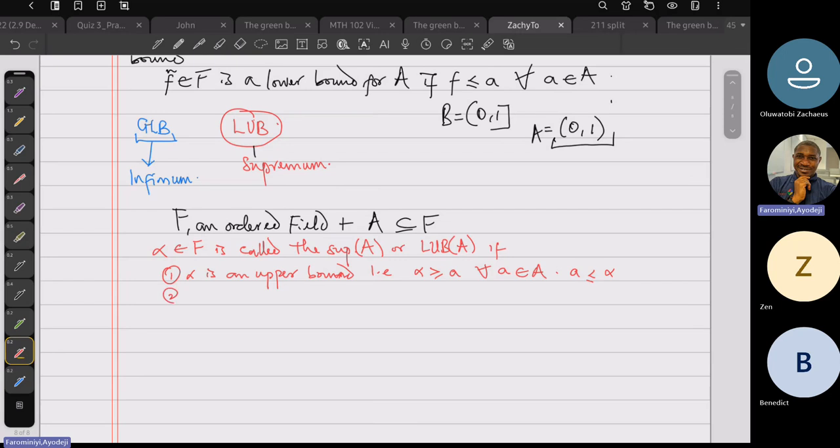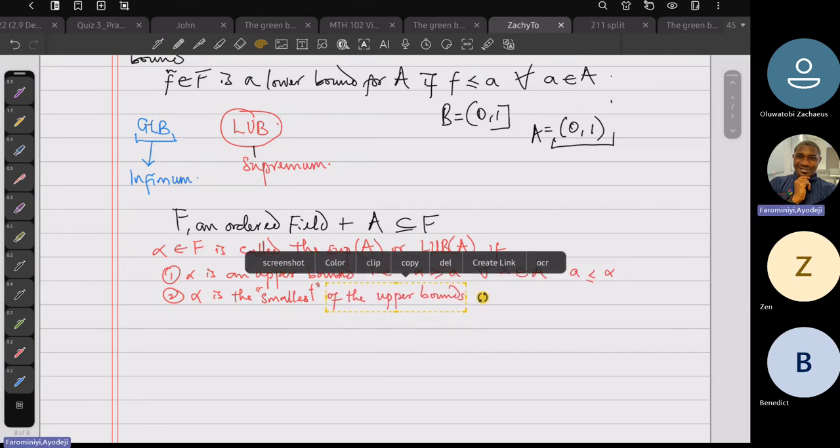Then the second property is that alpha is the smallest. I'm going to write it in layman's terms first before we write it formally. Alpha is the "smallest element" in the upper bound, or of the upper bounds. Or let me say smallest of the upper bounds. I think that is better.